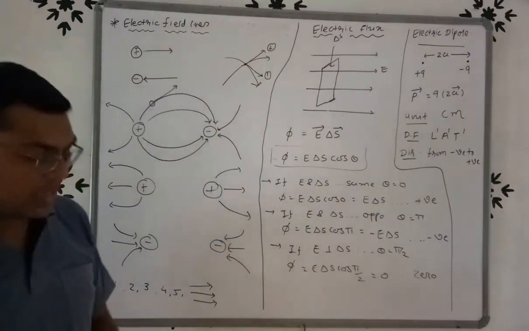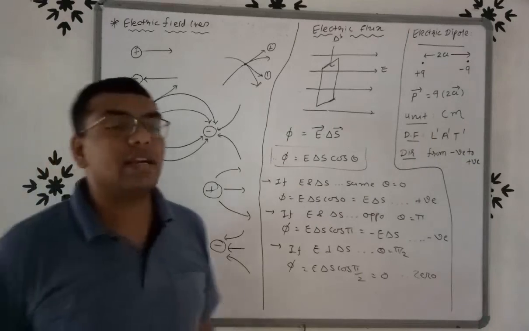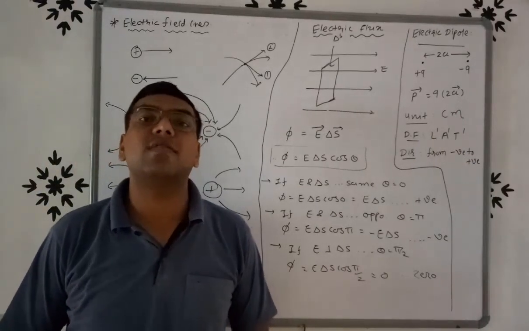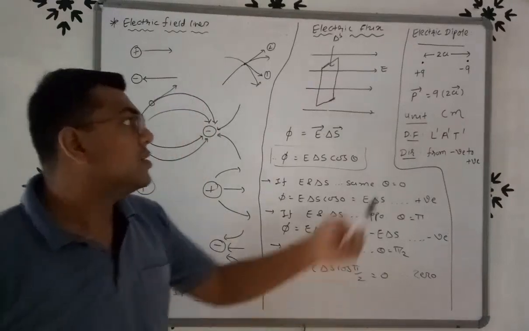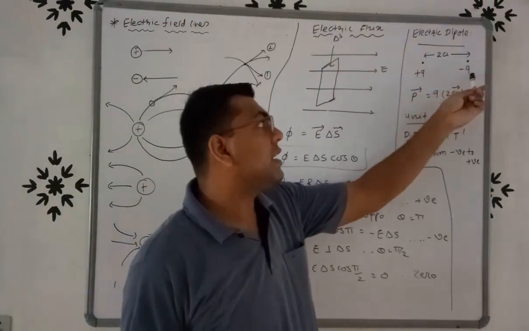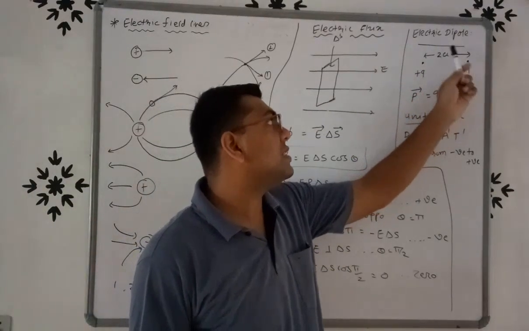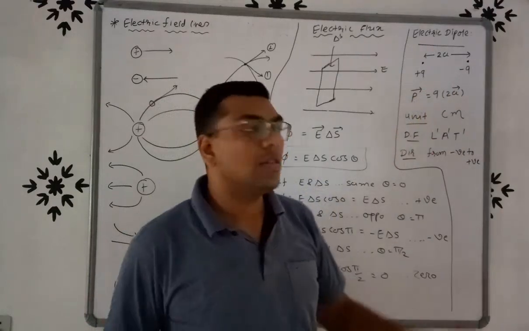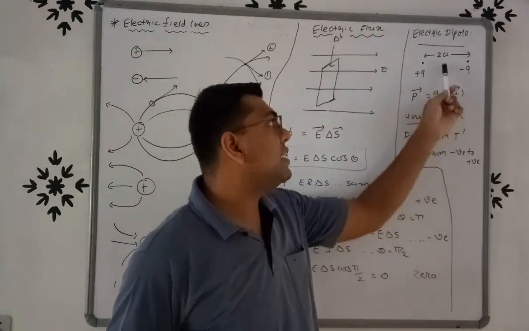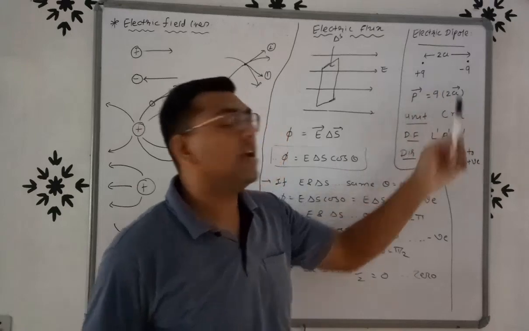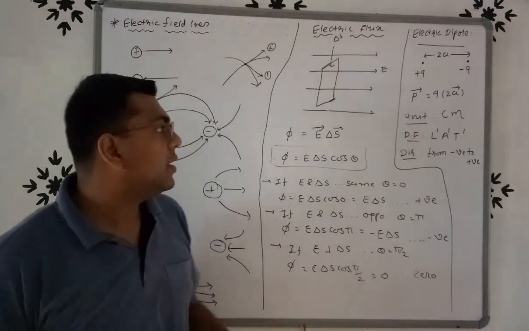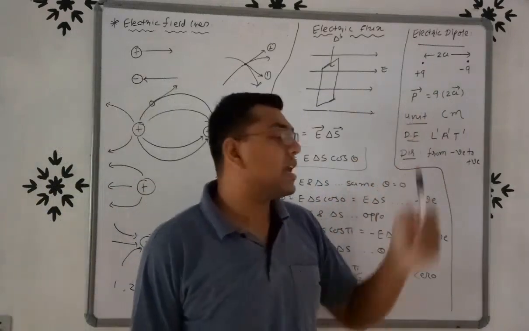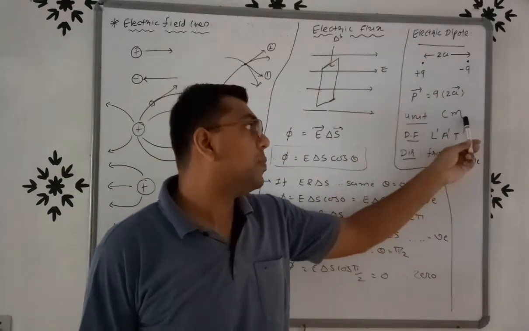So again, what is electric dipole? Electric dipole is a system of equal and opposite charges at a finite distance. So here positive charge and negative charge, and the distance between these charges is 2a. The product of charge Q and distance between these charges 2a is known as the electric dipole moment. The unit of electric dipole moment is coulomb into meter.